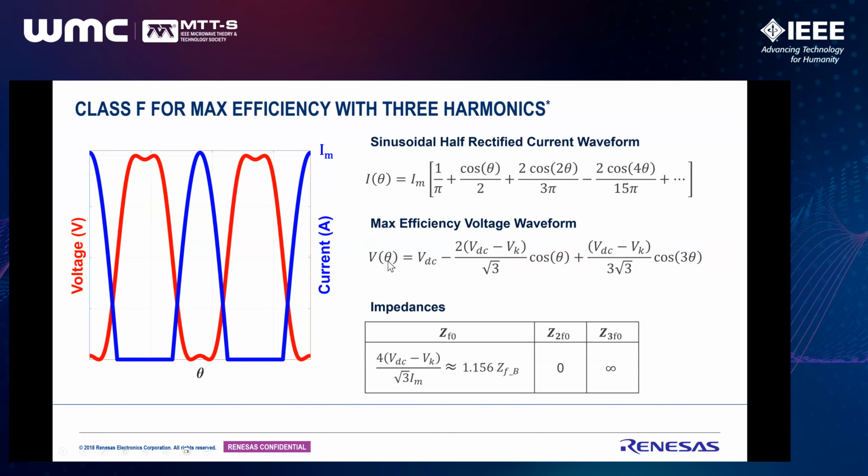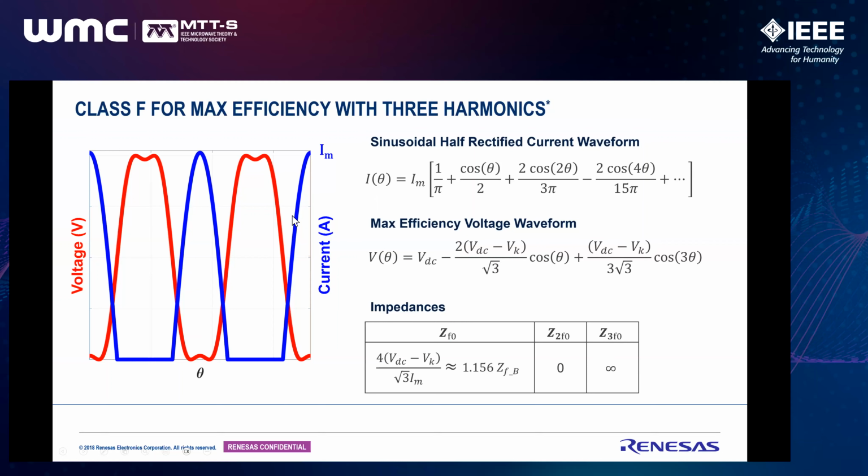So for that up to third harmonic termination, let's consider the current waveforms and voltage waveforms. The current waveform still remains the same as class B, and we can shape the voltage waveform by introducing a third harmonic voltage component. How do we do that? To introduce that third harmonic voltage waveform, we terminate the third harmonic load at the open circuit, and to maintain second harmonic power generation at zero, we maintain the second harmonic termination at short circuit.